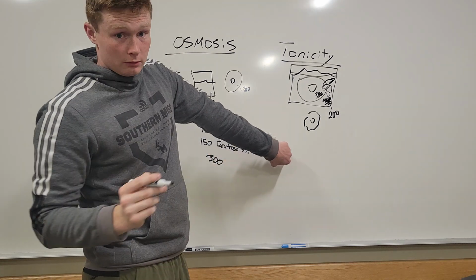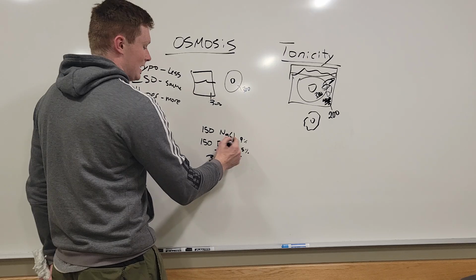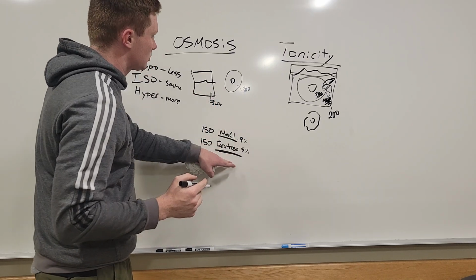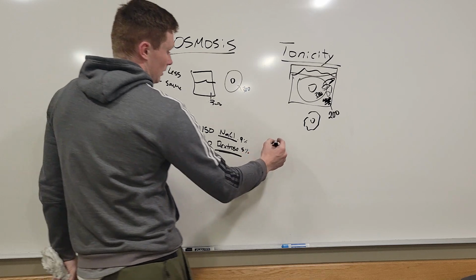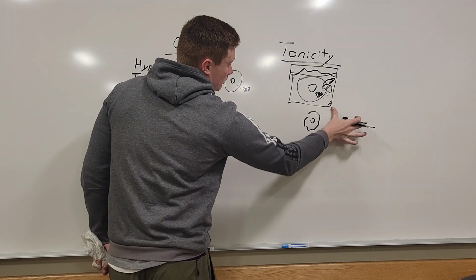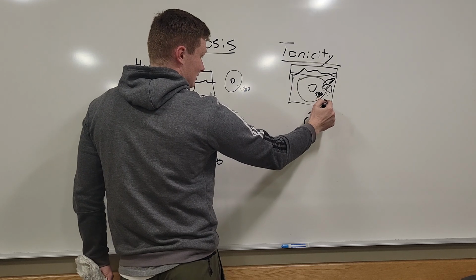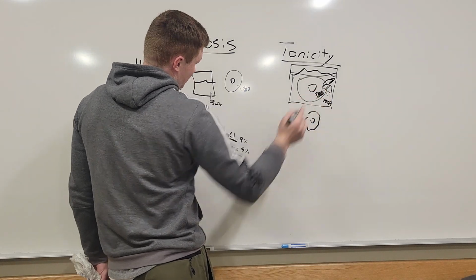But when we come to tonicity, this dextrose is permeable. NaCl is not permeable. This dextrose is going to go into the cell, get metabolized immediately. So now our little bucket here, right? It's at 150. This is getting metabolized immediately. It's going into cells. This is still 300.